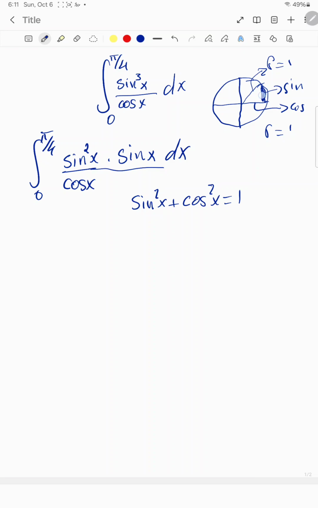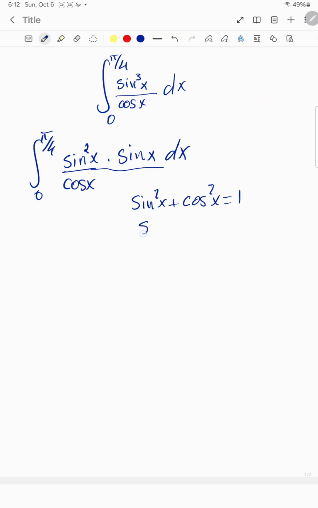And if I want to use Pythagoras, the radius square is equal to the sine square plus the cosine square. So this is where it's coming from, but you don't have to prove it in the scope of this course. You just need to use it. I just wanted to show you where it's coming from.